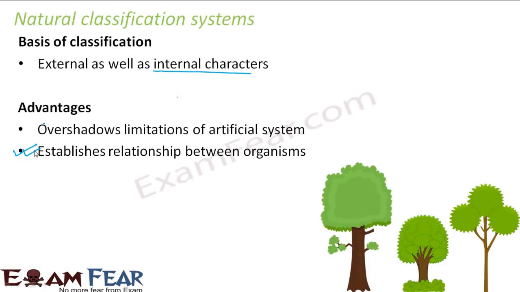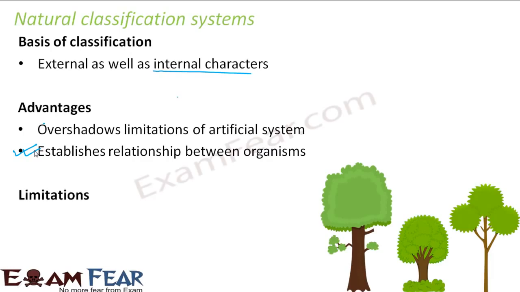That similarity is not only in appearance, it is both external characters as well as internal characters. So we say that a tiger and a cat are more closely related than a tiger and a dog, because the similarities between a tiger and a cat are much more than those of a tiger and a dog. So looking at the similarities and dissimilarities definitely helps us to classify organisms, and it also helps us to establish relationship between organisms.